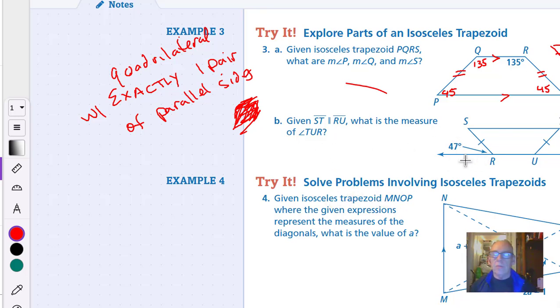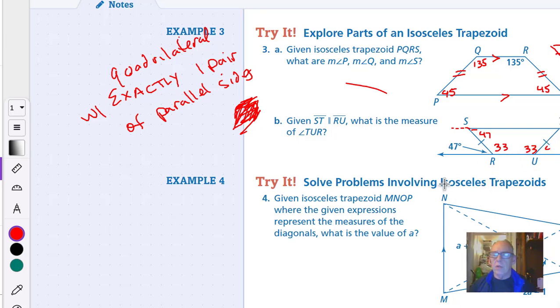So let's look here, part B. Together, this is a linear pair. So if we do 180 take away 47, we get 133 degrees. That means that this angle must be 133 degrees. And now if we did parallel lines cut by a transversal, this is going to be 47 degrees. And same thing here. Parallel lines cut by a transversal, this is going to have to be 47.